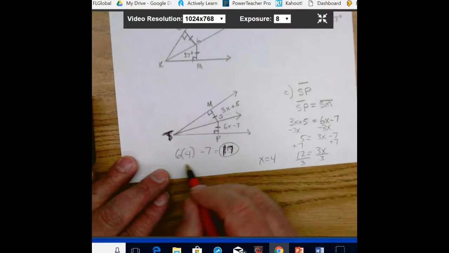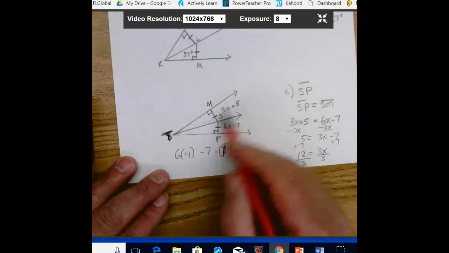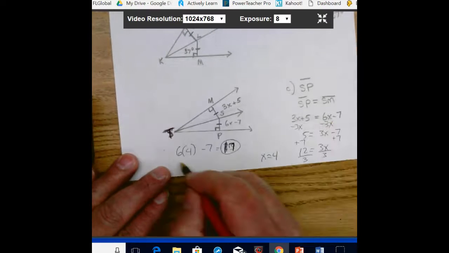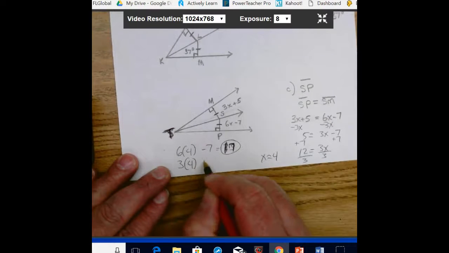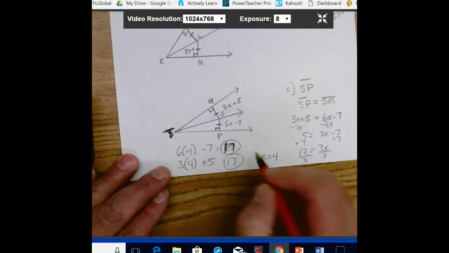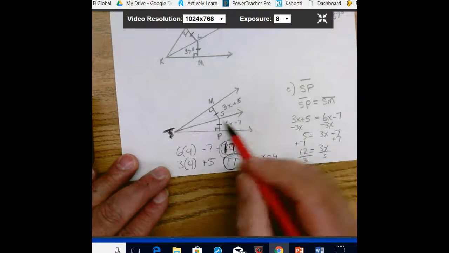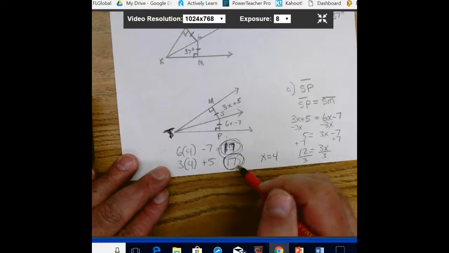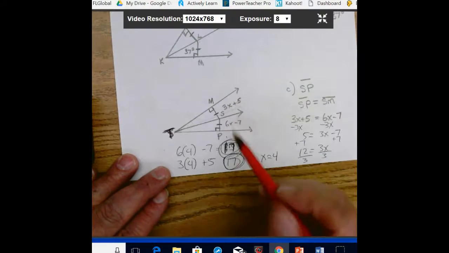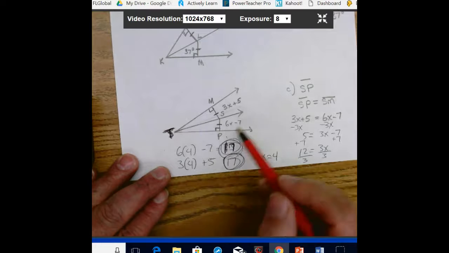Then the other one is, because I kind of looked ahead and saw they're not the same answer, I better go back and check my math. And I was pretty sure I did everything. So then we go 3 times 4 plus 5. 3 times 4 is 12, plus 5 is 17. Perfect. So then we know SP is 17. We go check it and make sure this has to be the same or we did something wrong. I just didn't do my addition right.